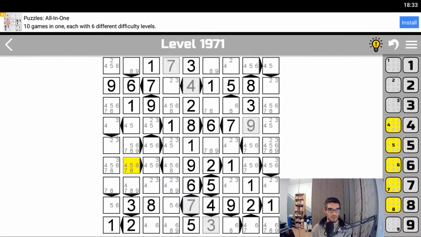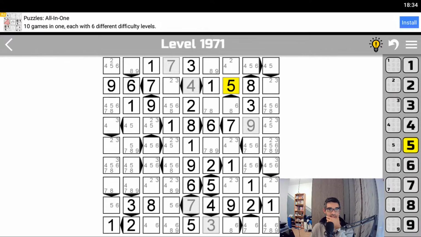Therefore, this can be 6 either. Okay, the 5 already removed it. Yeah, should be doable now.